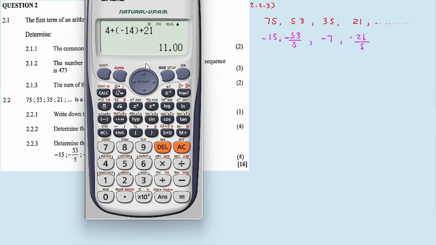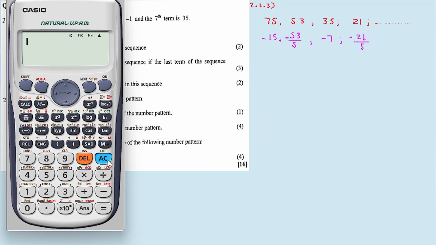If you look, we get minus 15 by multiplying 75 by negative 1 over 5, and we get negative 53 over 5 by multiplying 53 by minus 1 over 5.